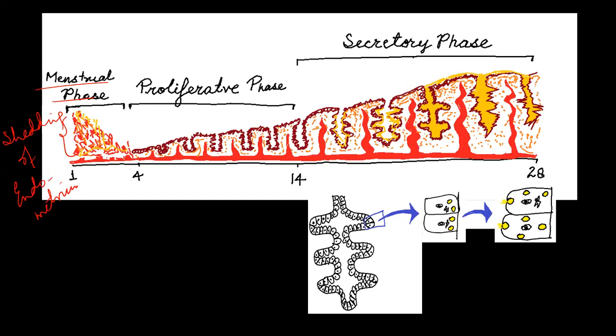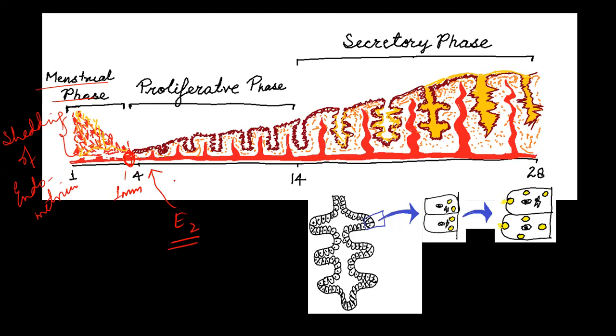After shedding, the basal zone from where the endometrium has to regrow is roughly around 1 mm. So estradiol, which is released from the growing follicle in the ovary, will cause the growth of the endometrium from this basal zone.